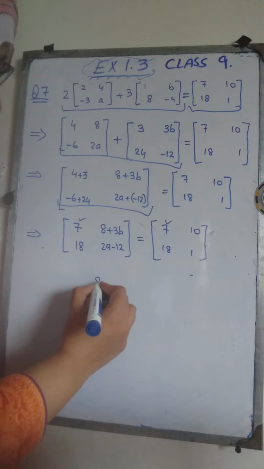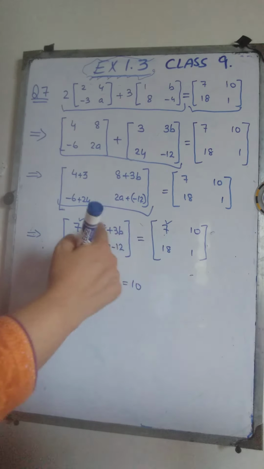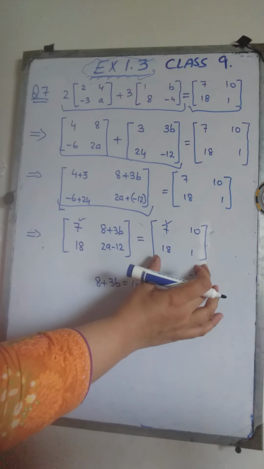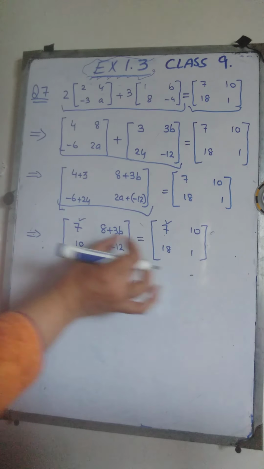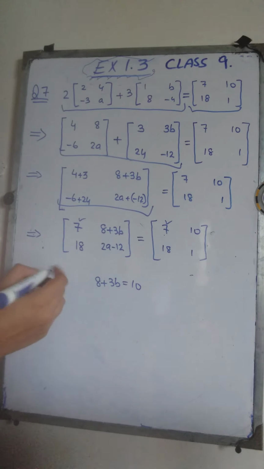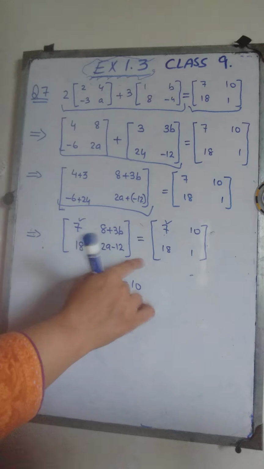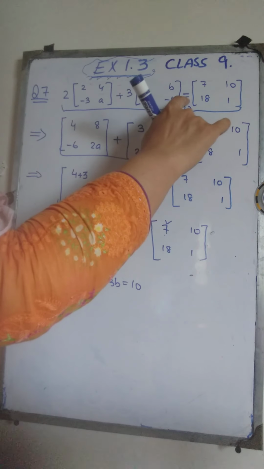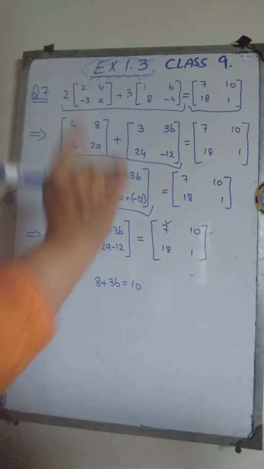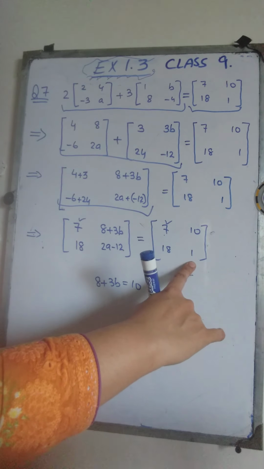So we can write 8 plus 3b must be equal to 10 because they have given us that this matrix is equal to this. If these two matrices are equal, then the second element must be equal to one another. Okay, this is the conclusion I have got from this expression which was given to us, that this matrix equality was given to us of these two matrices. 18 is equal to 18 and 2a minus 12 is equal to 1.